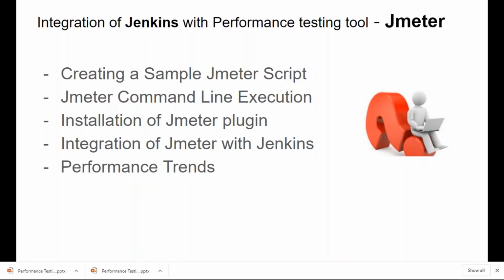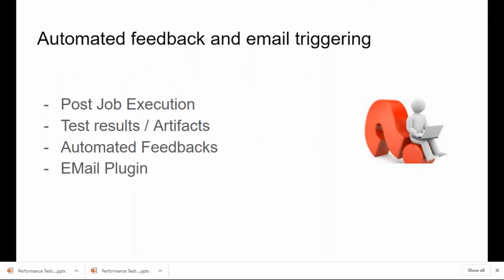Okay, so once we as a group know what Jenkins is, how to use Jenkins, and how to integrate JMeter with Jenkins, now my JMeter scripts are running automatically in Jenkins, right? Then what are the next steps? The second important thing is that in Jenkins or in the pipeline, it's very important to send feedback and emails.